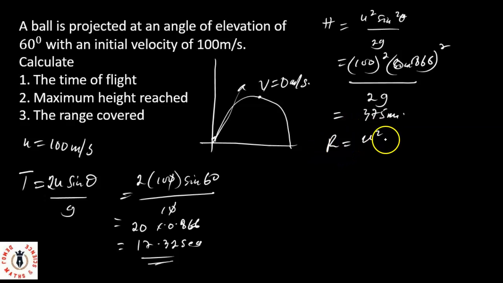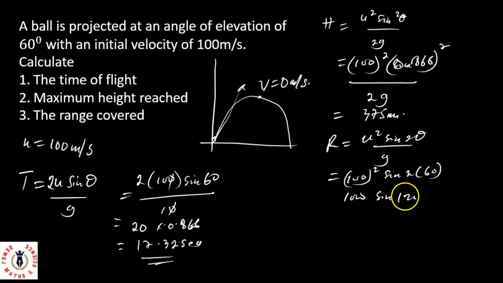You can also calculate the range covered for this particular question. That's u squared sine 2 theta over g, which equals 100 squared sine 2 into 60, that's 100 squared sine 120. You can use your calculator once again to derive your sine 120. This is 100 squared sine 120 over 10.